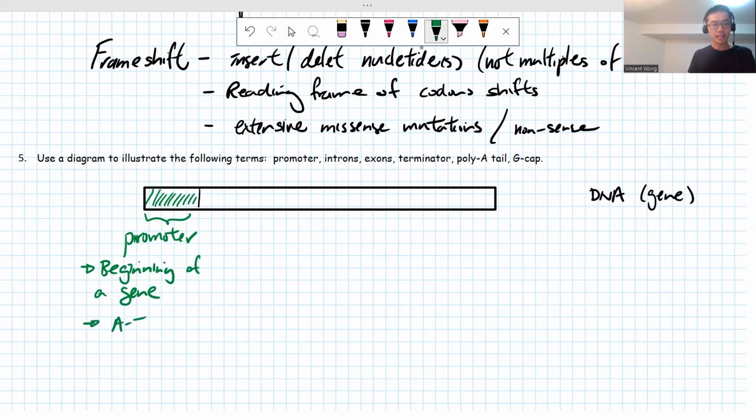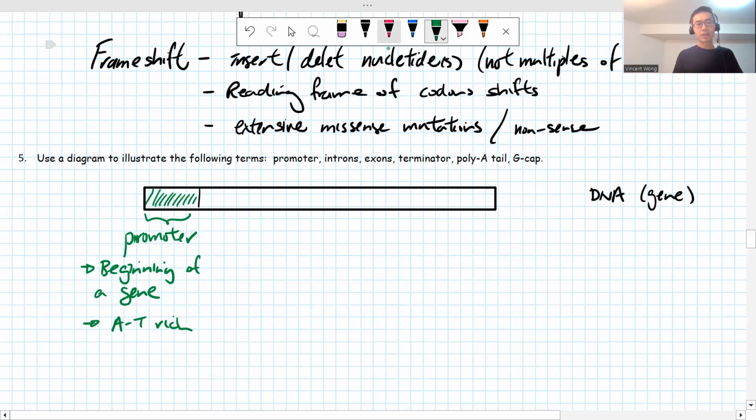And it's AT rich. We know that already. And then at the end, we have the terminator sequence. At the end here, where you want to stop the transcription, you would have to have the terminator sequence.